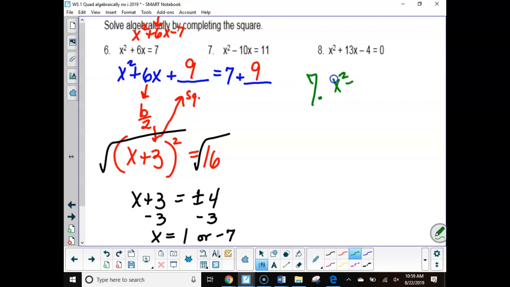7 is x squared minus 10x plus blank equals 11 plus blank. So tell me the first step. I want to make this equivalent to a quantity squared. And then it's half of that, which would be minus 5.